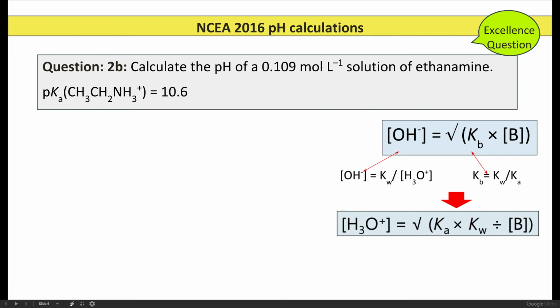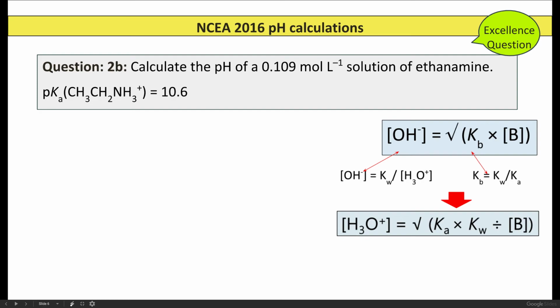When we rearrange it, we get the formula: hydroxide concentration is equal to the square root of Kb times B. I haven't plugged anything in yet, but hopefully that makes sense. The square root of the base constant times the base concentration. Now let's plug things in.